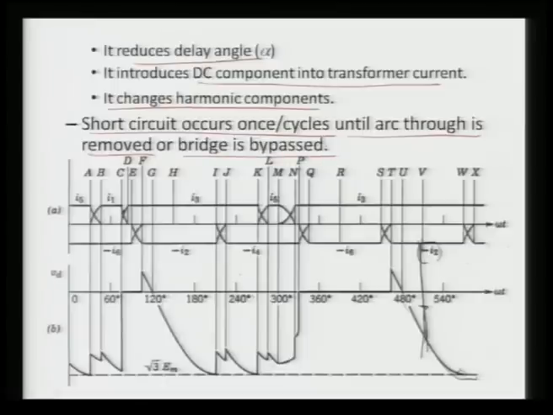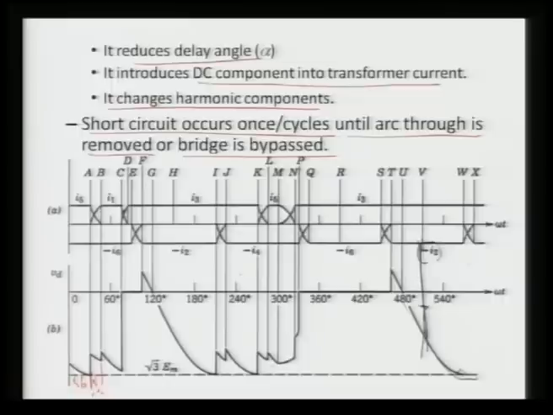See in this diagram, at this point 5 and 1: 1 is fired, while 5 and 6 were conducting up to this period. Now 1 was given a pulse here, so 5, 6 and 1 are conducting. Why?